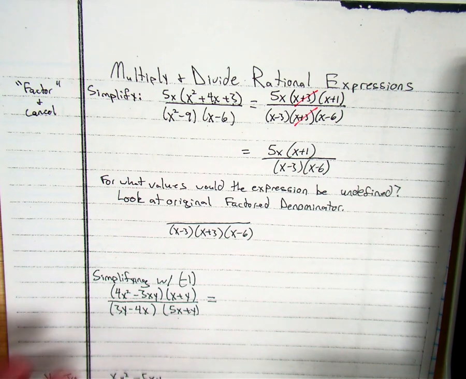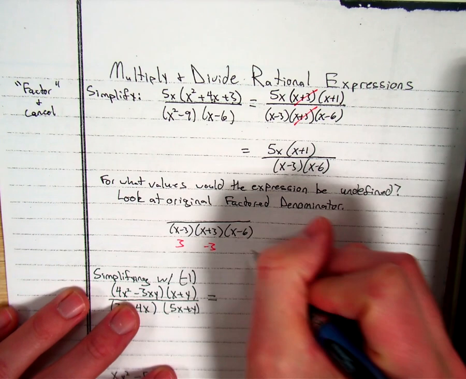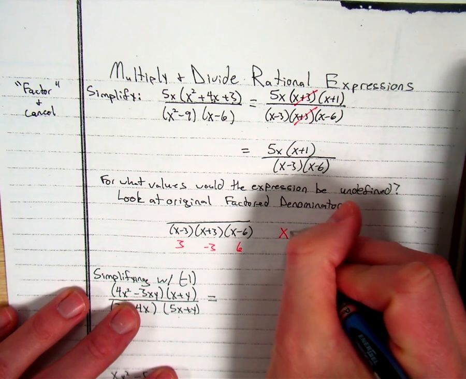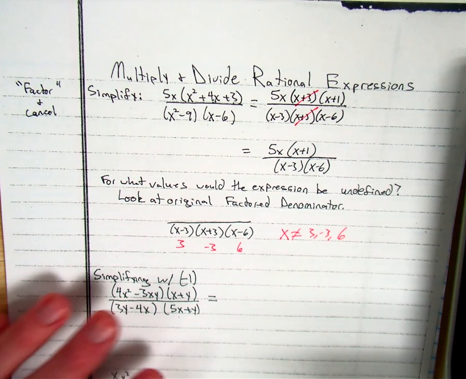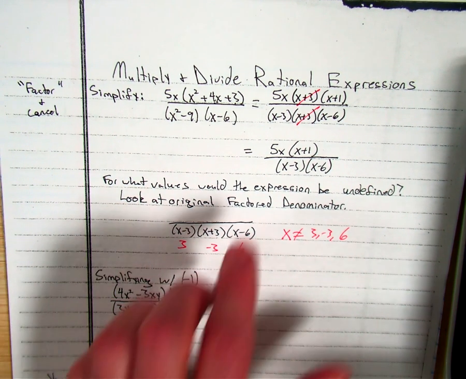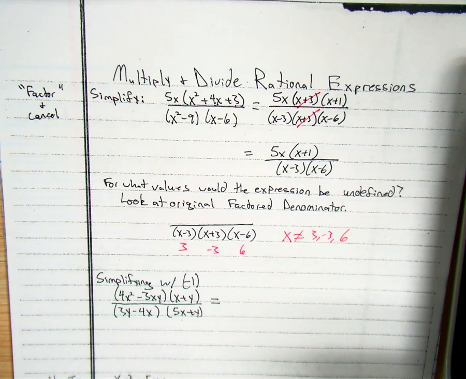So let's think about what would make these equal 0. 3, negative 3, and 6. So we don't want our x's to be 3, negative 3, or 6. Now this plus 3 in the middle does cancel out as we go, and that will be something else when we do get into graphing.